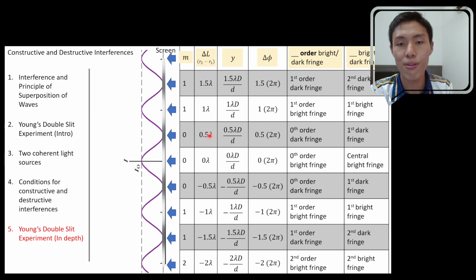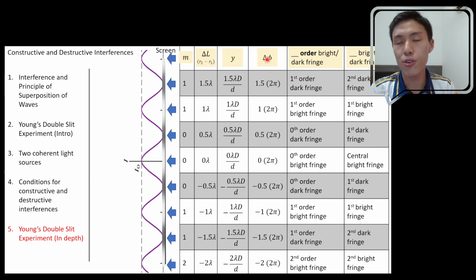If it differs by half a lambda, it's half of 2 pi radian, so it's just pi radian. So if you want to find the phase difference, just take the path difference, but change the lambda. You know that one lambda is equal to one cycle, so you change the lambda to become one cycle, which is 2 pi radian. That allows you to find the phase difference.